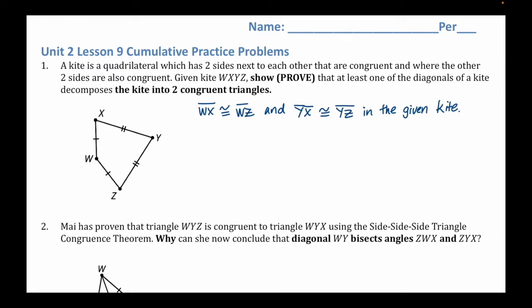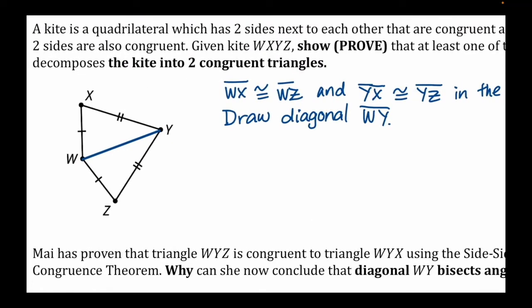Now we can say draw diagonal WY. So you don't have to tell this, but I like to include it because I want whoever's reading my proof to see, like, oh yeah, hey, that's the one I'm using.